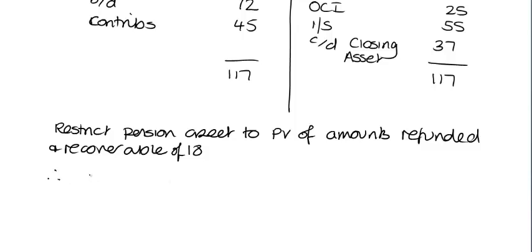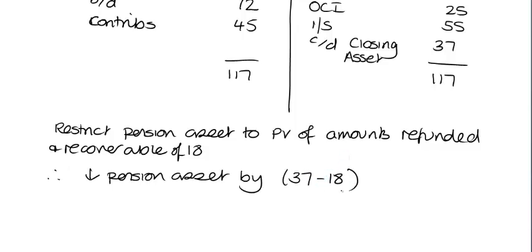Therefore, I'm going to reduce the pension asset. I'd normally stick it in at a figure of 37, but I'm only going to stick it in at a figure of 18. So I'm going to reduce it by 19.